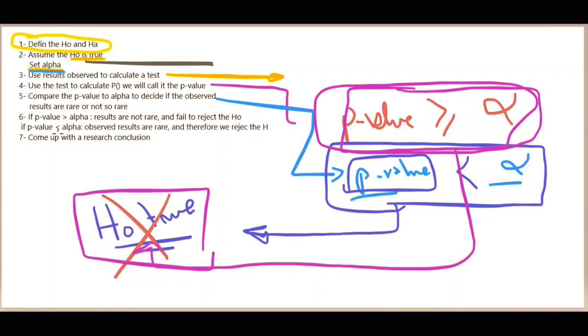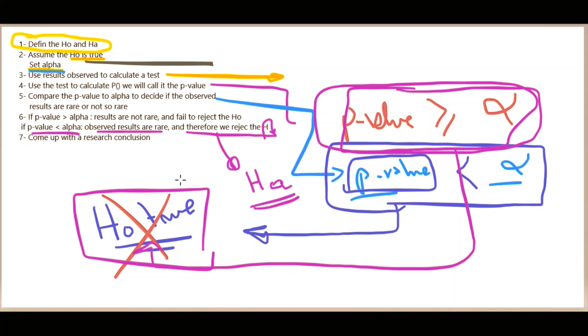However, if your p-value came out less than alpha, your results were rare, and you have to reject the null hypothesis. When you reject the null hypothesis, you accept the alternative hypothesis, and that's why you prepared yourself with an alternative hypothesis. Step number 6 is called your statistical conclusion, which is either accepting or rejecting the null hypothesis.